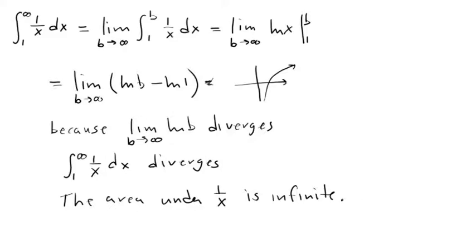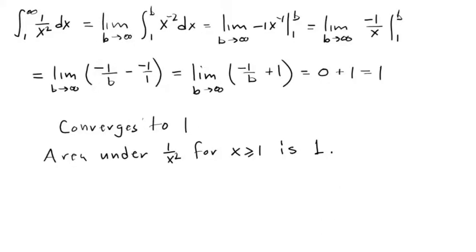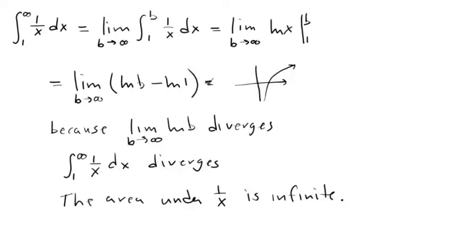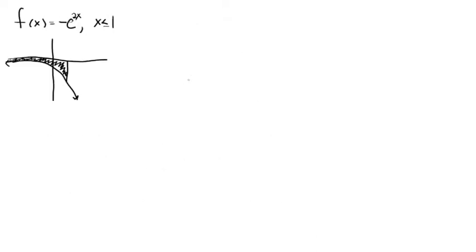Alright, so we can have either situation occur. You could have an antiderivative that converges to a value, or you could have an antiderivative that diverges. Now, we have a slightly different function.